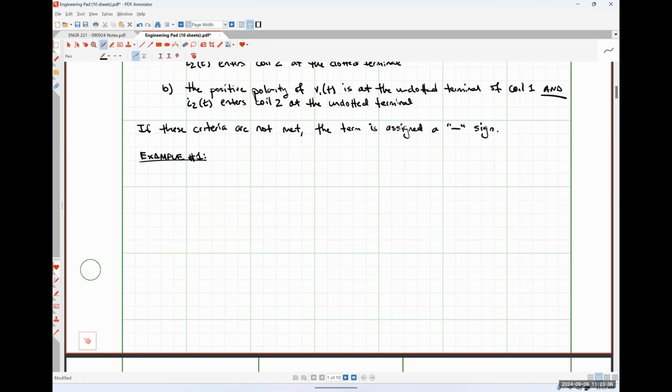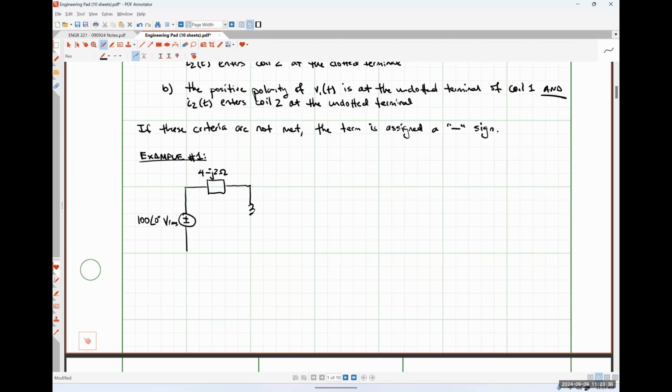So let's say that we have the following circuit, where I've got a 100 angle 0 degrees volts RMS source. I have an impedance here that I'm just going to call 4 minus J2 ohms.